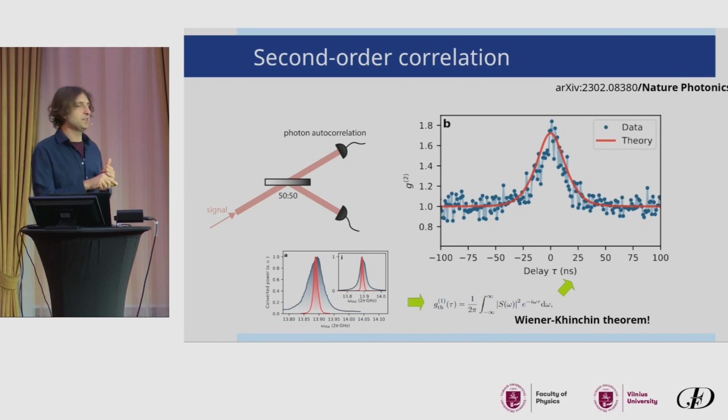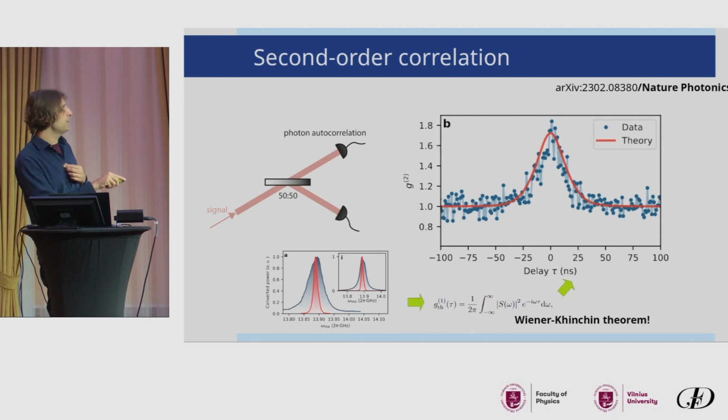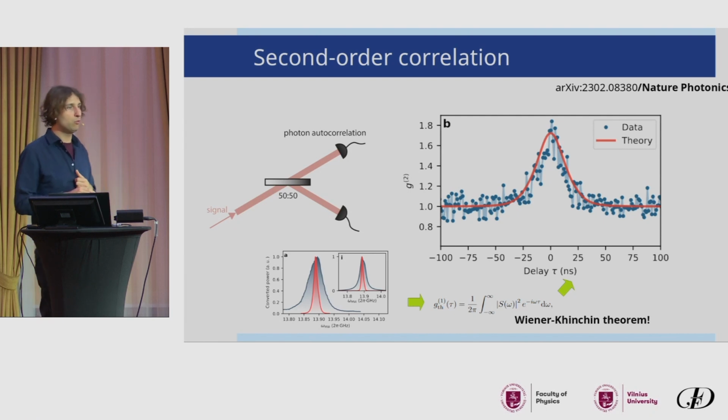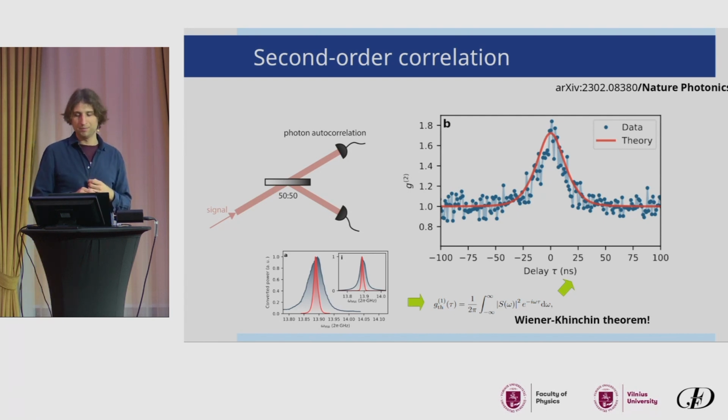We can apply the Wiener-Khinchin theorem to get what will be the G2 of this function. So of course this gives us the G1, and then G2 is 1 plus G1 squared, and this is exactly what we get. The G2 here was about 1.6 to 1.8. Since this paper, we've in fact been able to improve the G2 such that it is almost statistically not distinguishable from 2, which you expect from a perfect thermal state.